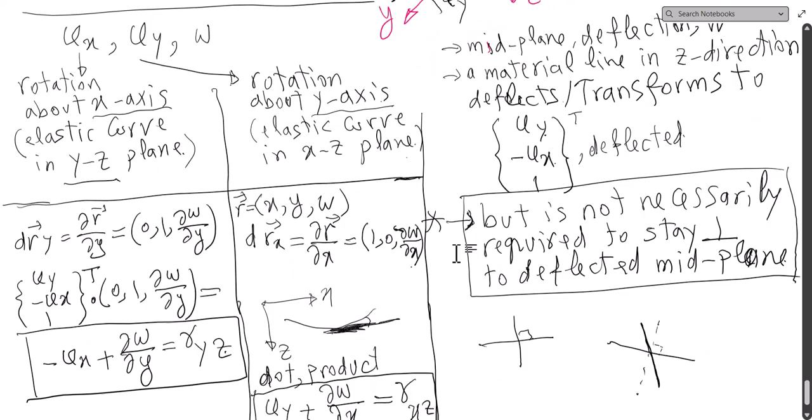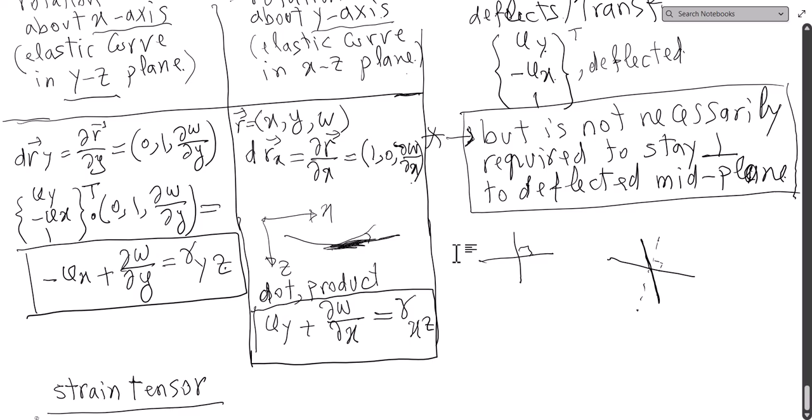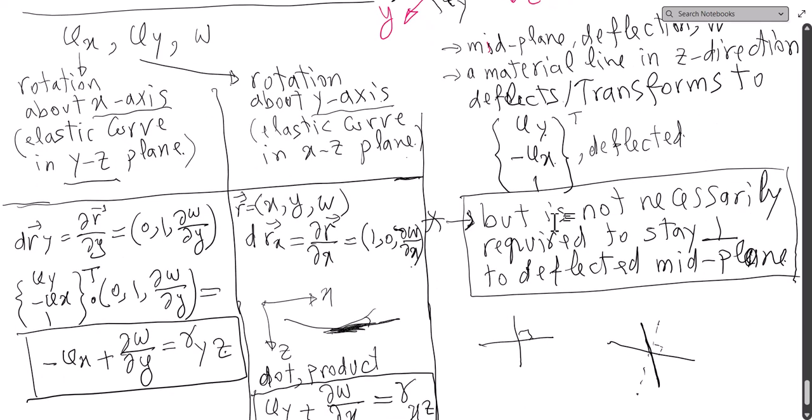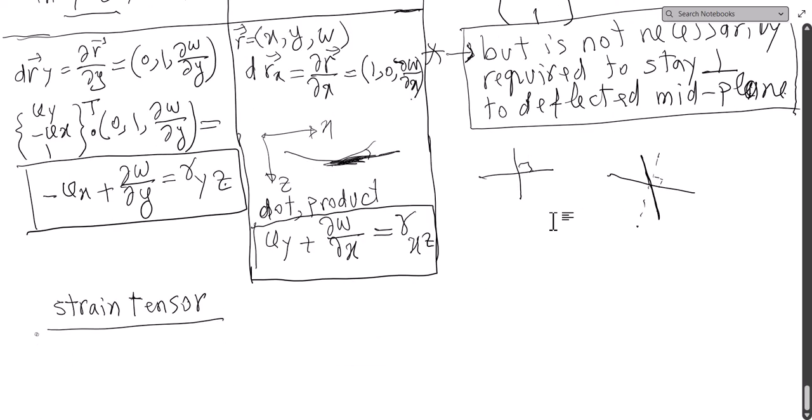I should also mention that the assumptions of small deflection and small rotation still apply. So these angles are small. The tangent or the slope at the deflected midplane is small. So that assumption is still there. So we are not talking about large deformation, at least in this video.